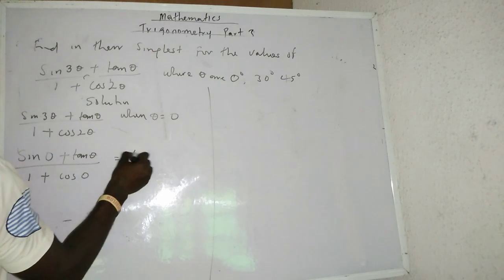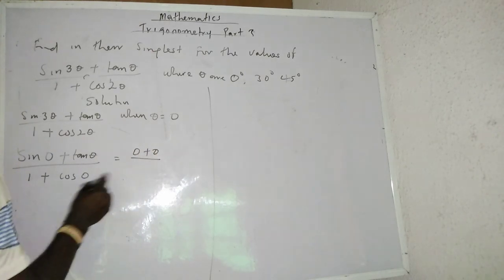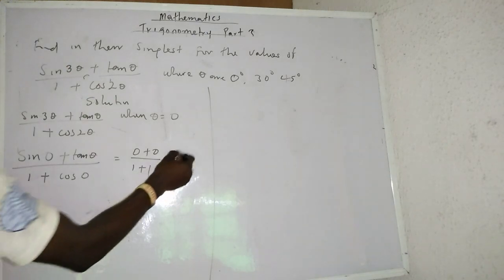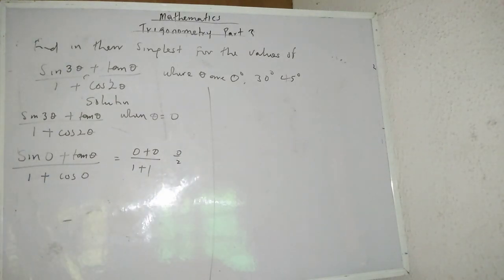I have 0 plus 0 divided by 1 plus 1, which is 0 all over 2, so my answer is 0.